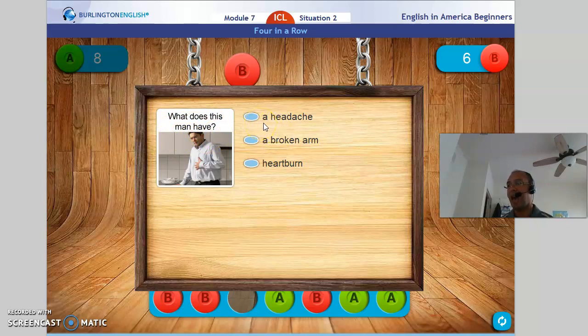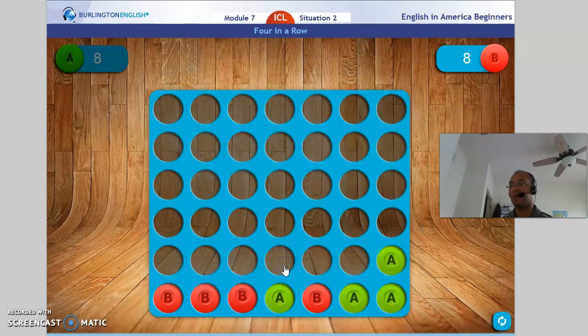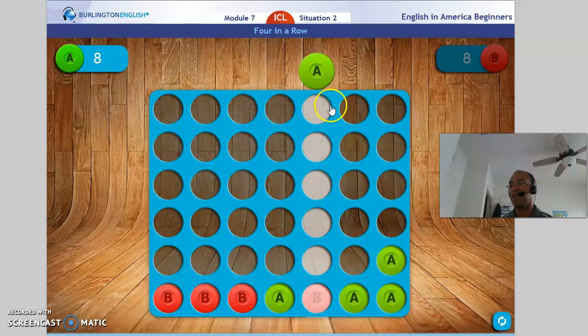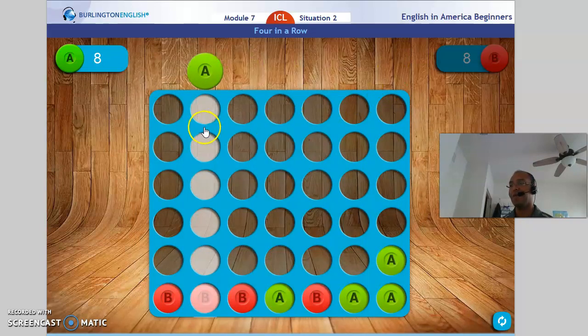Does he have a headache? Does he have a broken arm? Or does he have heartburn? I believe he has heartburn. He has heartburn. Correct. Go to the first, second, third, fourth, fifth, sixth, or seventh.